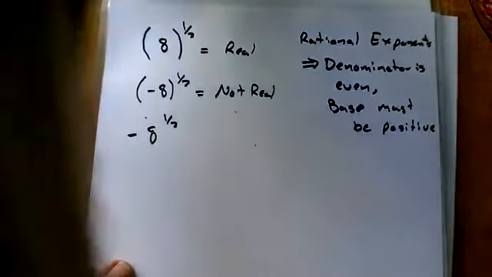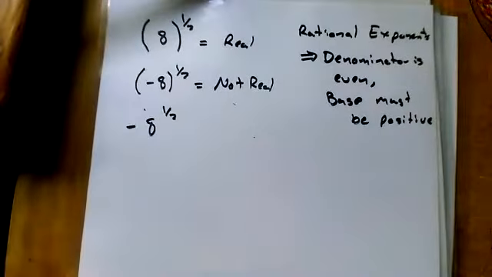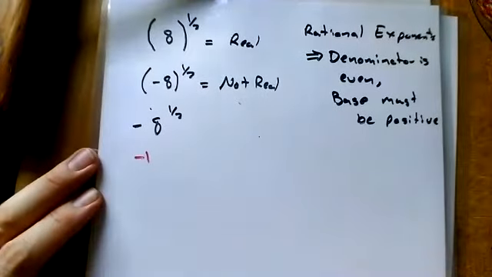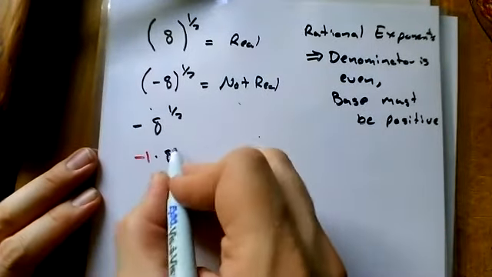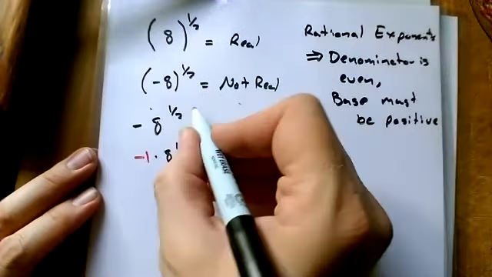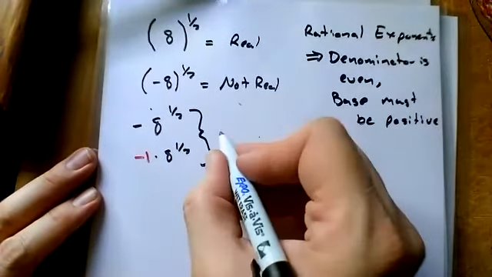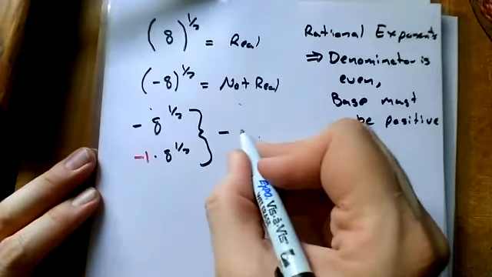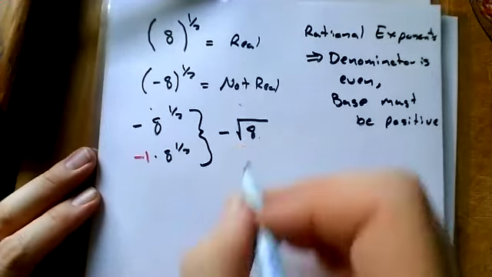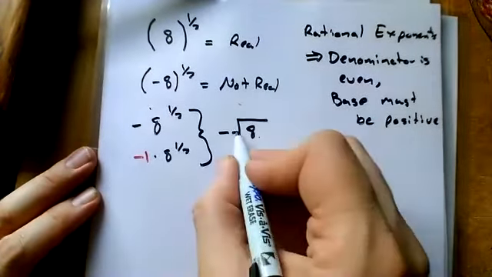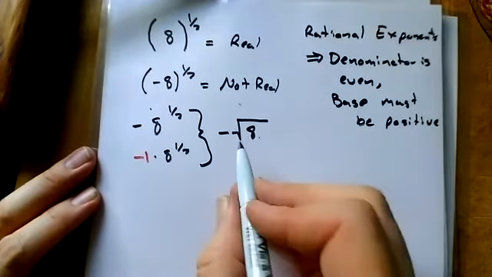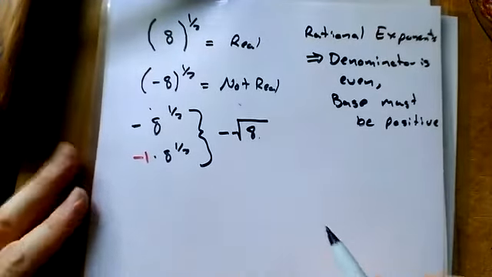An equivalent statement to this is -1 times 8 to the 1/2. This would just be negative square root of 8, which we could simplify to -2 square root of 2.